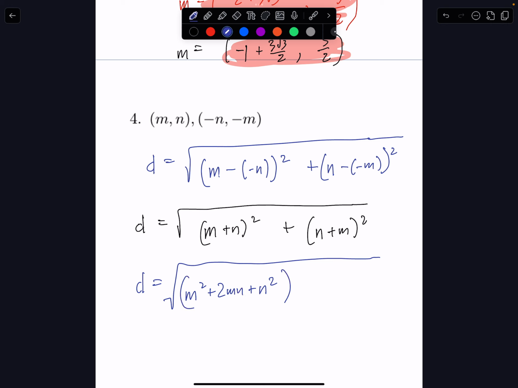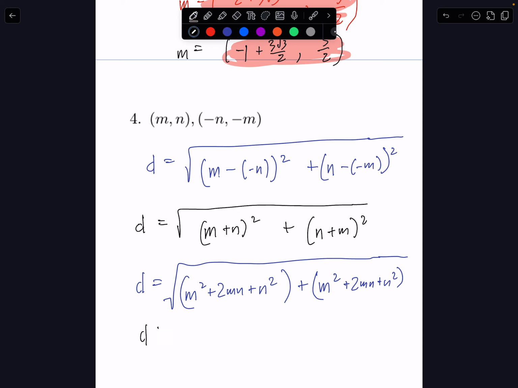So that's the first one. And then the second one, look at it. It's the same thing, right? So I'm going to get the same exact result. Of course, technically speaking, the n would come first, but it's the same thing because n plus m is the same as m plus n, right? So I have the same exact thing. 2mn, n squared, that whole deal.